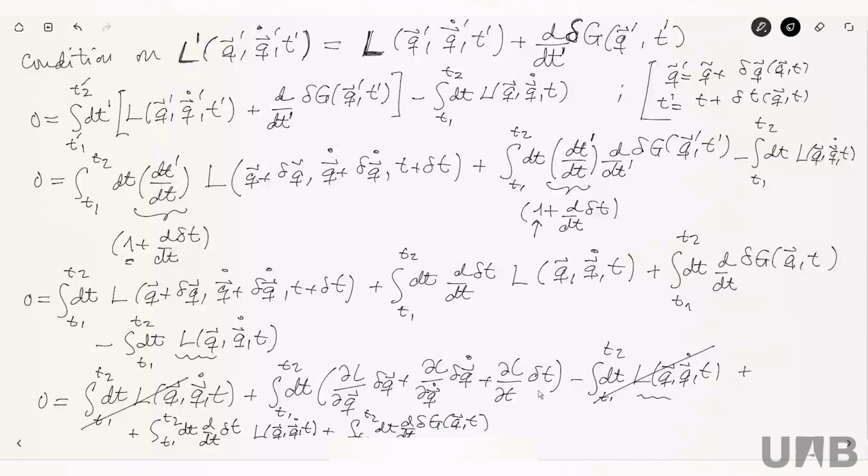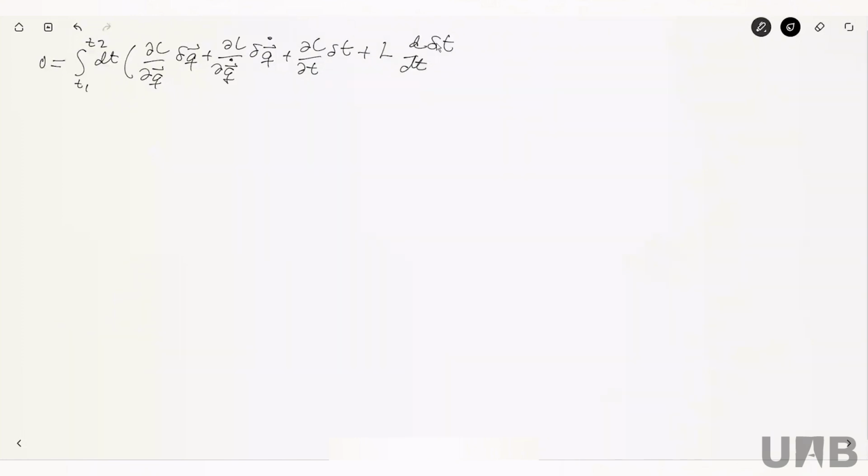Delta Q dot, delta T, and delta G. Okay, so 0 equals the integral of delta T from T1 to T2, and I collect all the terms: the derivative of L with respect to Q, delta Q, plus the derivative of L with respect to Q dot, delta Q dot, plus the derivative of L with respect to T, delta T, plus L times the derivative with respect to t of delta t, right?